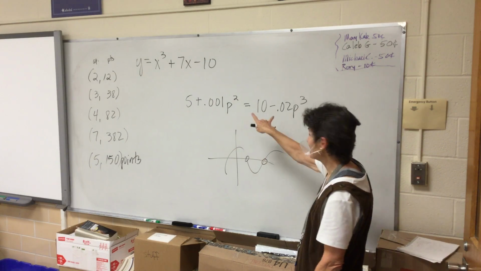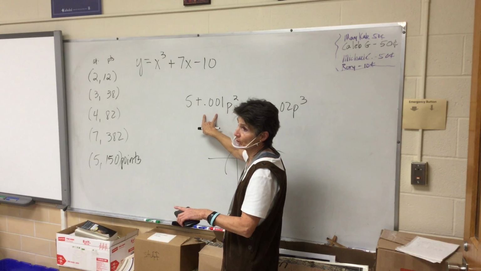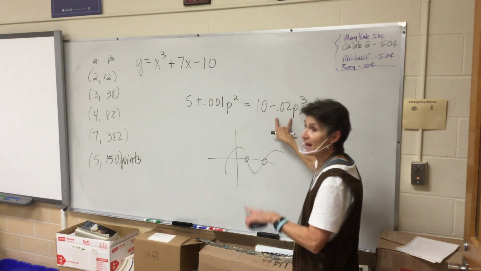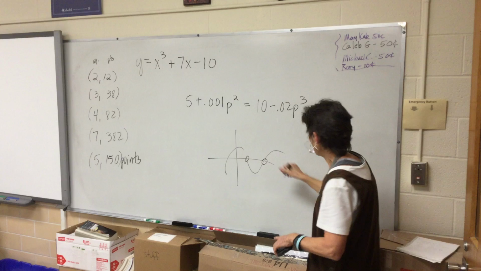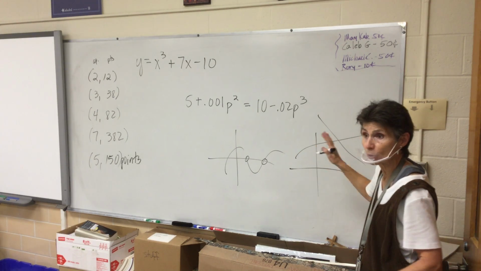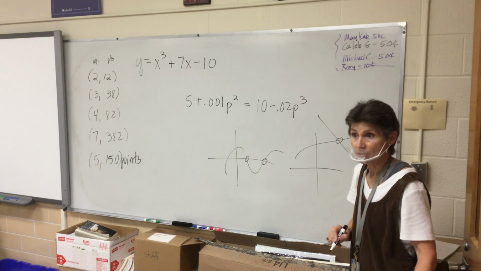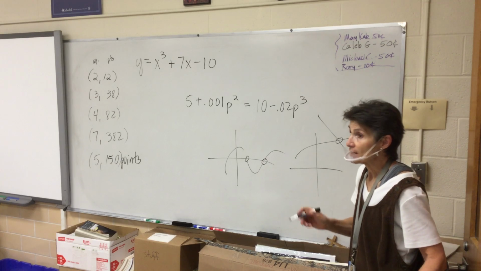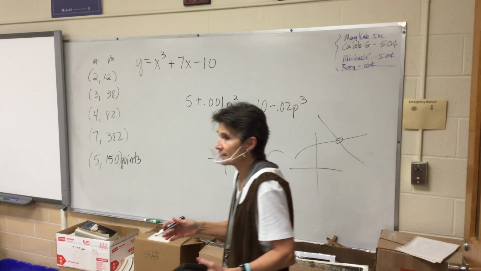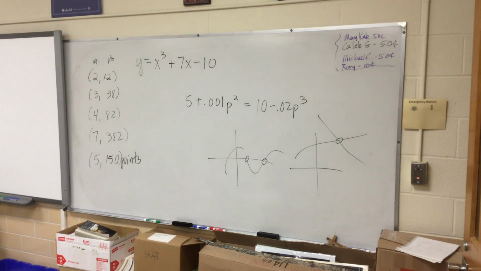You could also leave it just like it is, graph this as one equation, graph this as the other equation, and then you have two equations, and you would be looking for where they cross, right? So it doesn't really matter which way you do it. It's the same number of button pushings, because you're either going to do second calc 0 or you're going to do second calc intersect. All right, so let's do it.